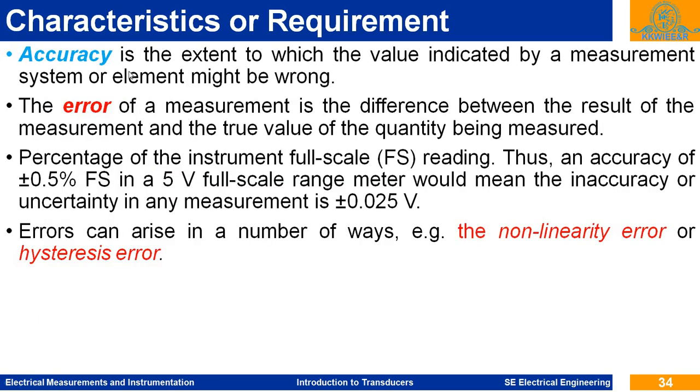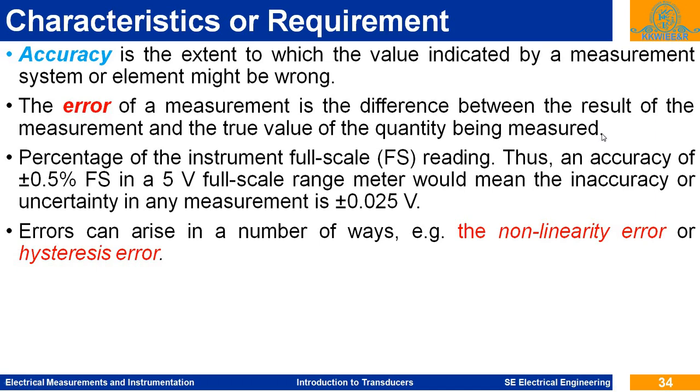So what is accuracy? Accuracy is the extent to which the value indicated by a measurement system or element might be wrong. The error of a measurement is the difference between the result of the measurement and the true value of the quantity being measured.